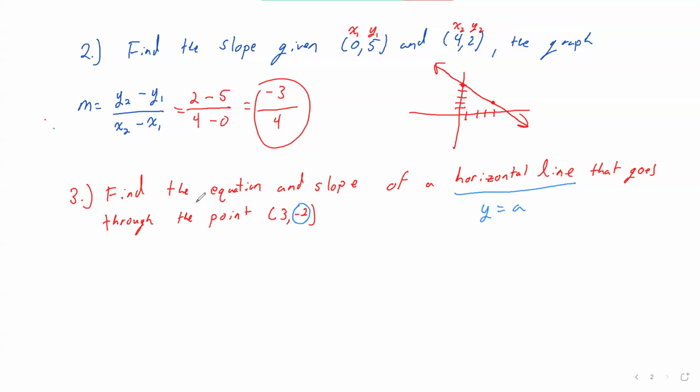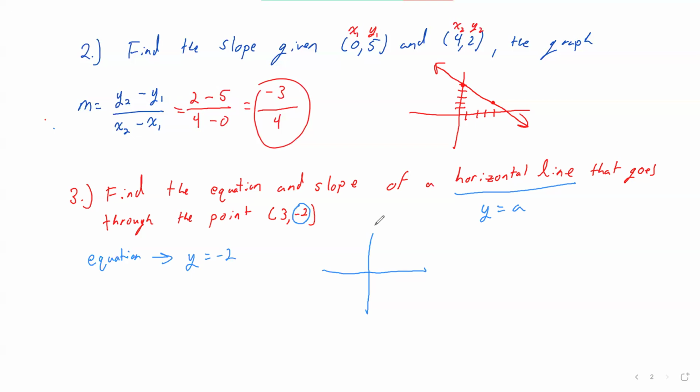So the equation is y equals -2. Now, it didn't ask me to graph it, but I'm going to graph it and see if you can determine the slope. And then from there, it's just a memorization game.